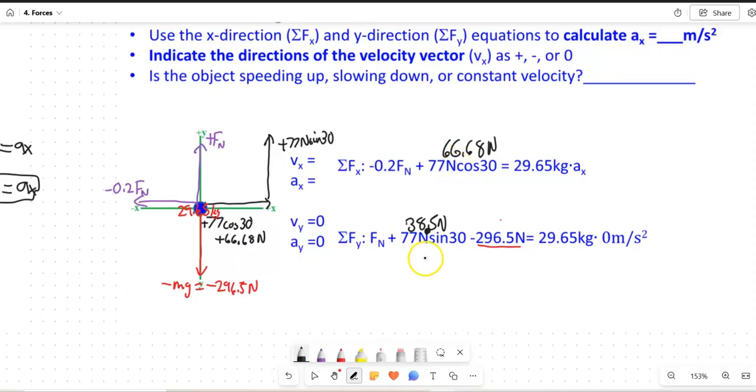So remember, we have to add those two vectors together, which is going to be positive 38.5 newtons. So what that means is that has to be the 77 newton force, and this has to be 30 degrees, because this angle 30 degrees has to touch the cosine. So this is our force diagram.